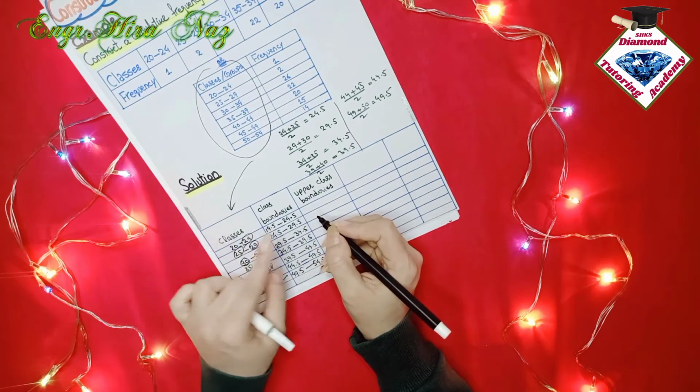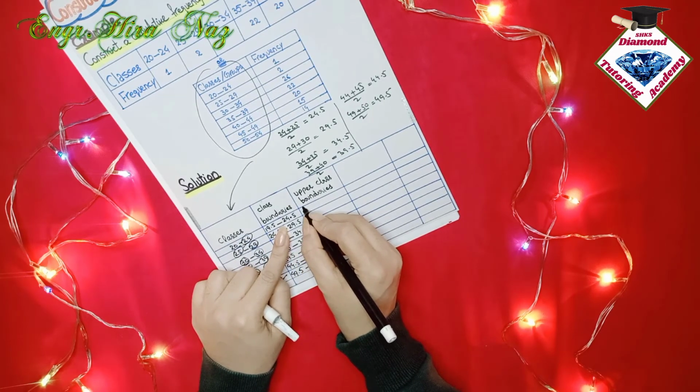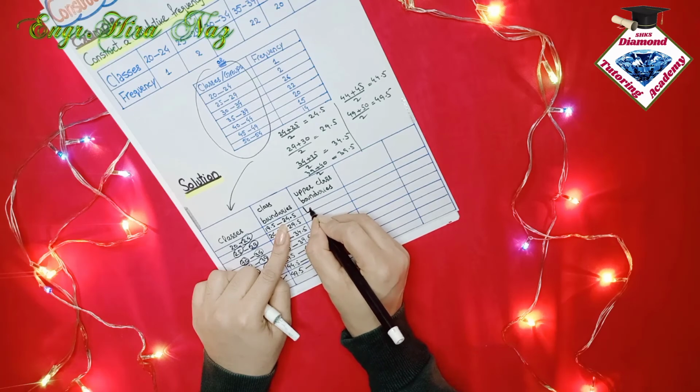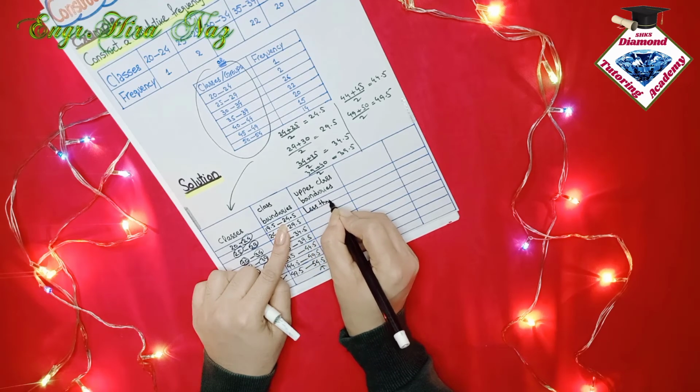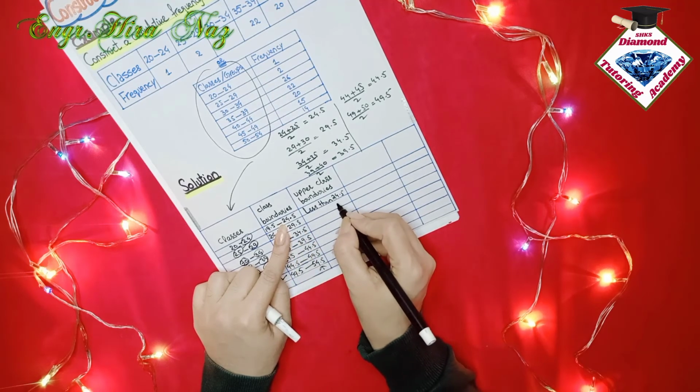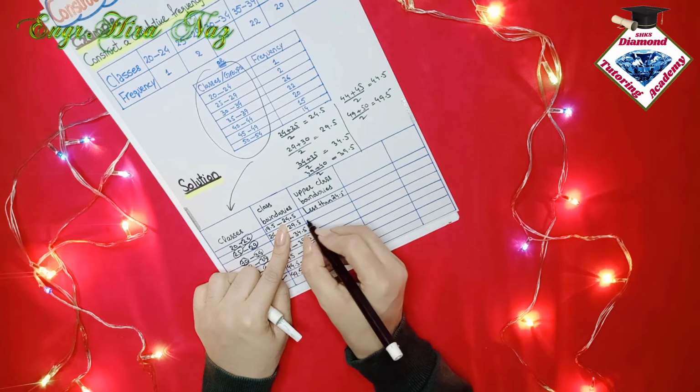So here, you can see upper class boundary is 24.5 for the first class. So we can say here less than 24.5. So we can say less than 24.5 are accommodating in this class.